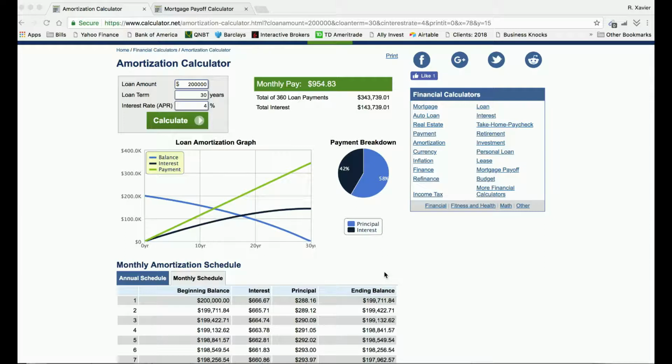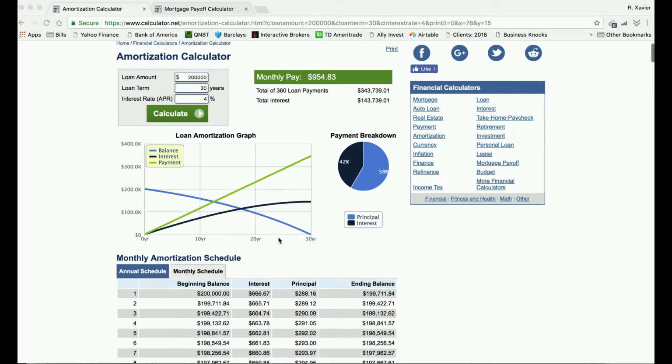I have to put a disclosure, if you will. First of all, I'm just using the number 200,000 for these loan amounts. Obviously, smaller loans would change the actual dollar amounts, and bigger loans, the inverse of that. And the interest rates that I'll be using, take them with a huge grain of salt.